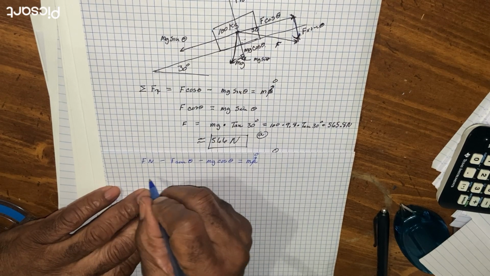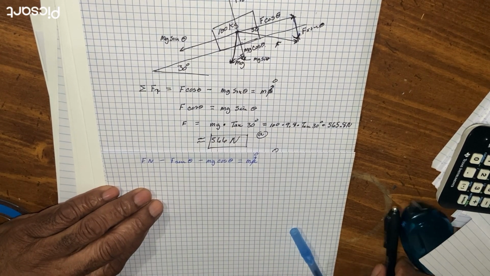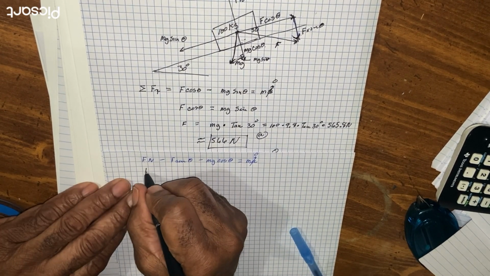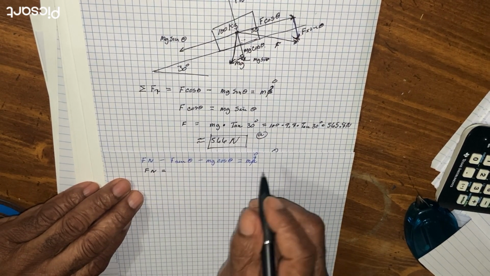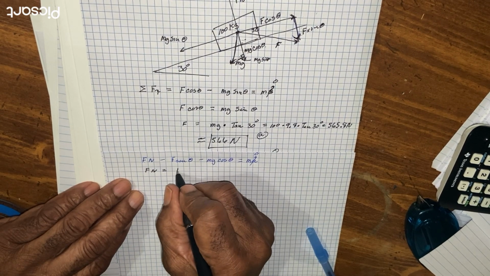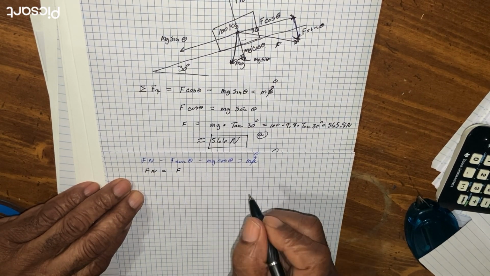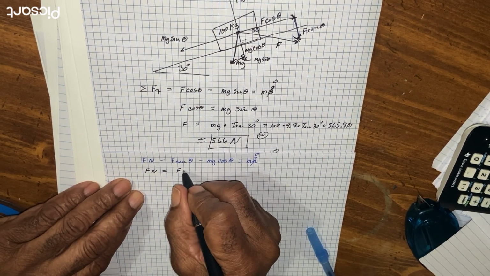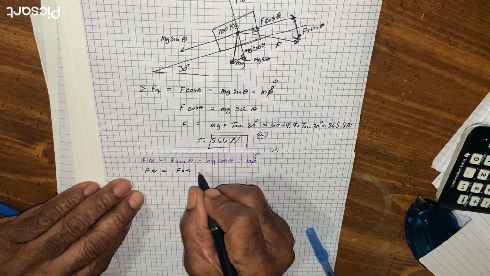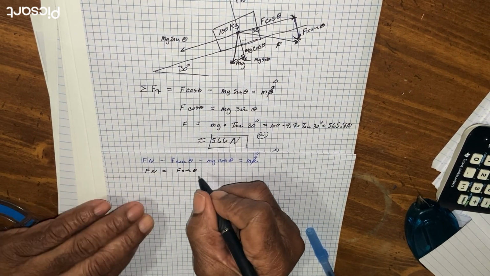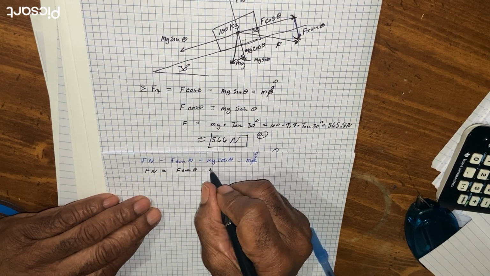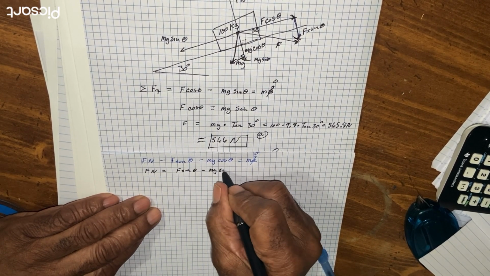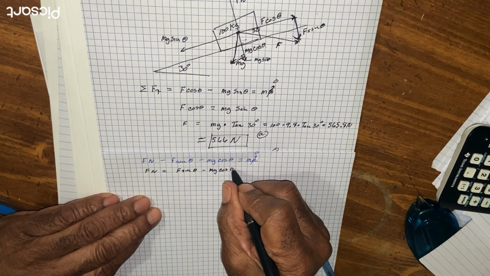Now we can just solve for Fn. Fn is equal to F sine theta minus mg cosine theta.